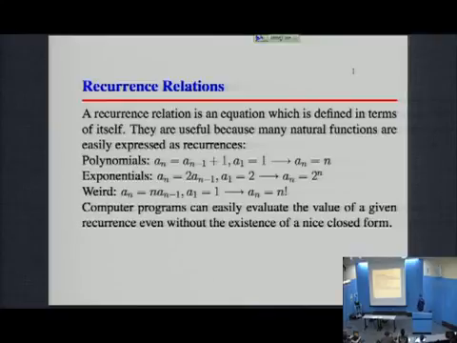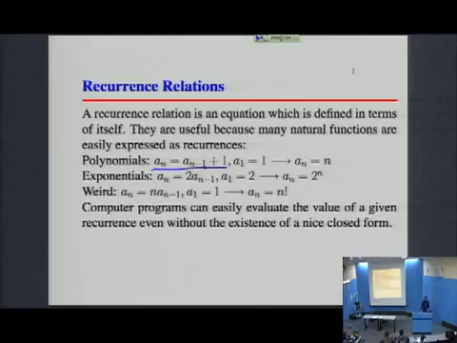How many of you have taken AMS 301? Did you talk about recurrence relations in there? You should be familiar with recurrence relations. Recurrence relations are formulas that define things in terms of themselves, and they are an interesting mathematical representation of things.